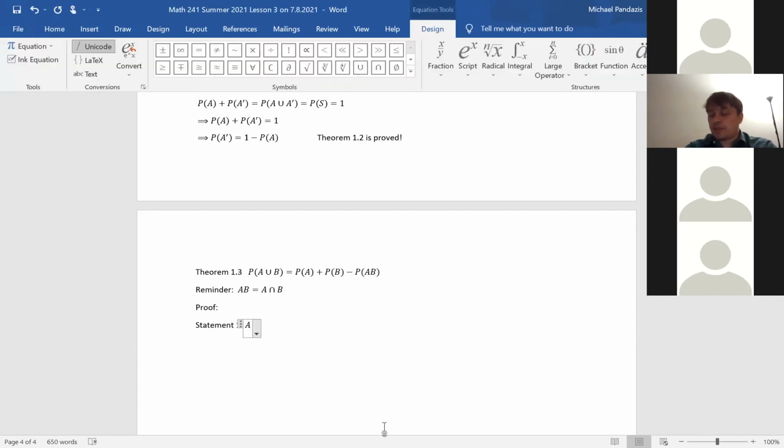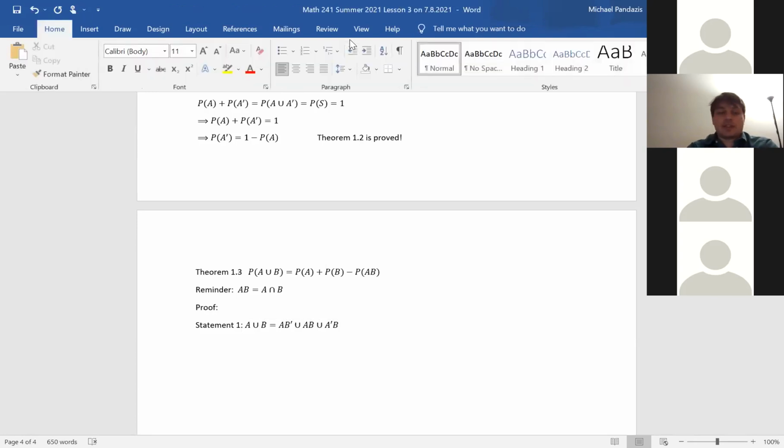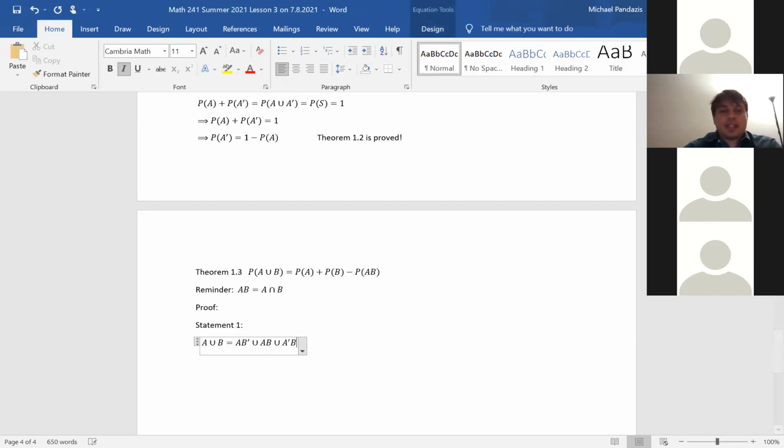So the first part is going to be to prove this statement: A union B is equal to AB prime union AB union A prime B. Sorry, I mean, no, I'm not proving that statement. I'm using it. So that equation holds. That equation is true.